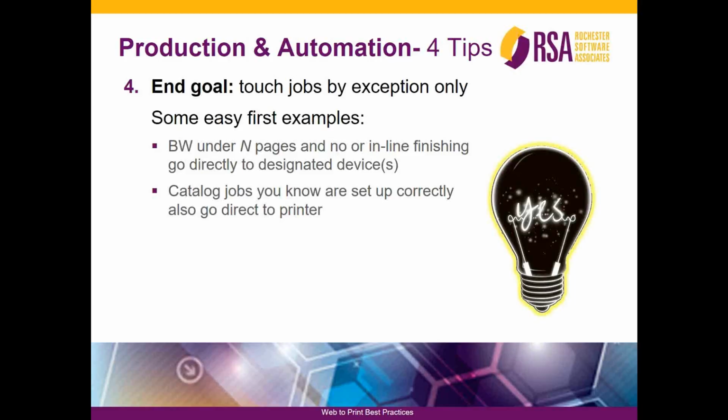And this kind of automation allows you to increase your volume dramatically and keep your same staff because they're not doing what I call those non-value add processes like standing in front of the printer and reticketing a job when your system has already all the ticketing information available. So some easy examples, right?